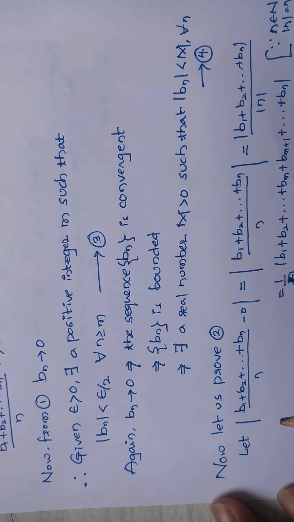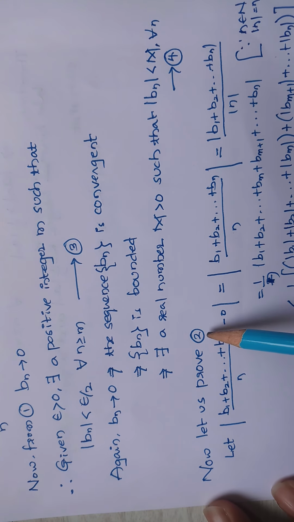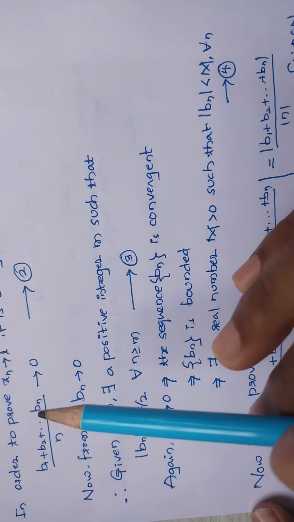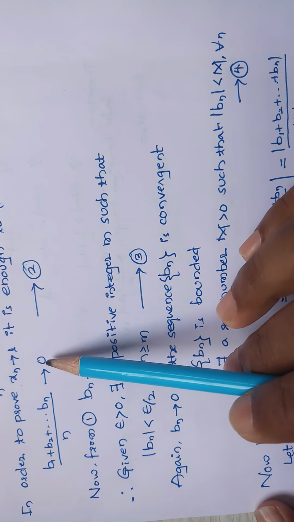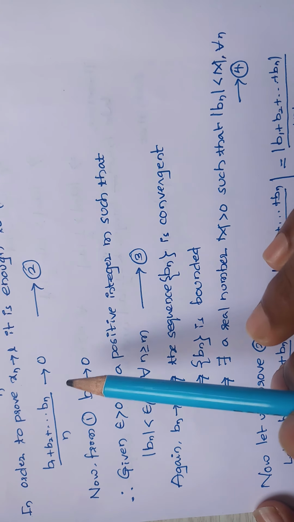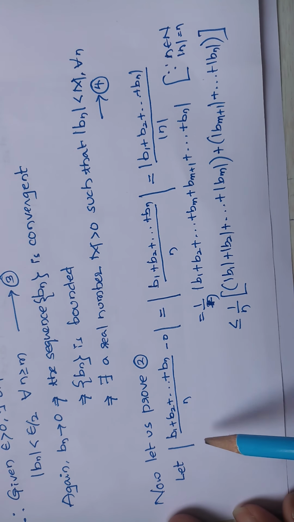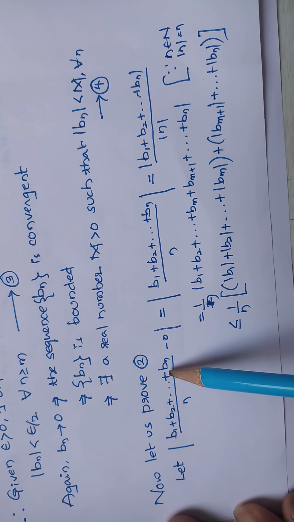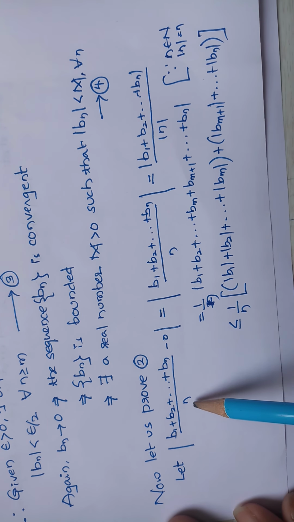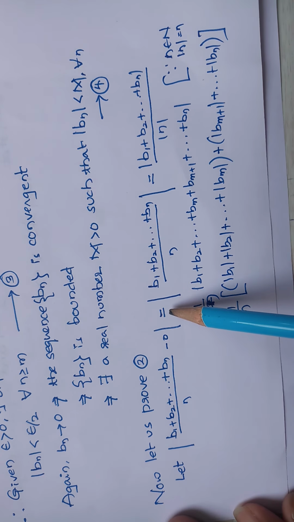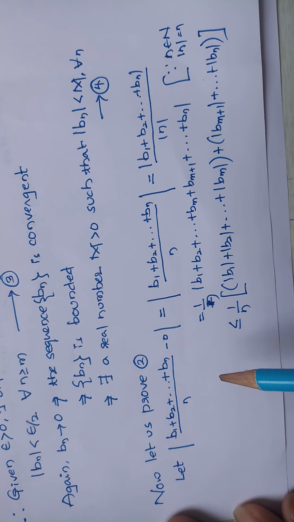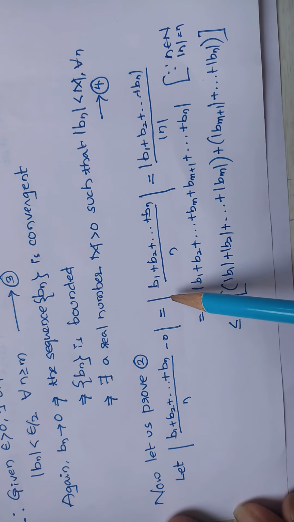Okay, so now let us prove 2, that is (b1 plus b2 plus b3 plus so on bn) divided by n tends to 0. So now we have to prove this. Okay, so let (b1 plus b2 plus bn) divided by n minus 0, because this sequence converges to 0.